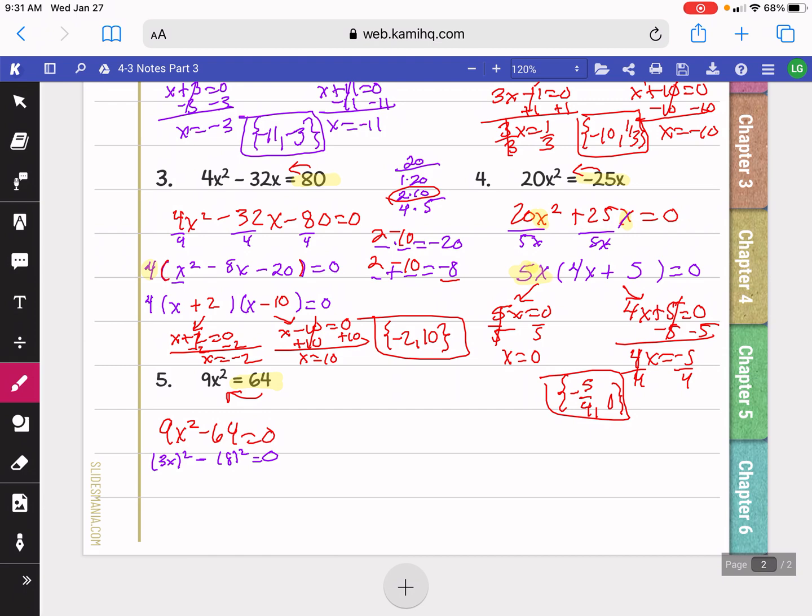Remember, if they have a difference of squares, you can put those together in two factors, but one of them is going to be plus and one of them is minus. So my first one will be 3x plus 8. The second one will be 3x minus 8. Now that I have my two factors, I can set them equal to 0 and solve for x.